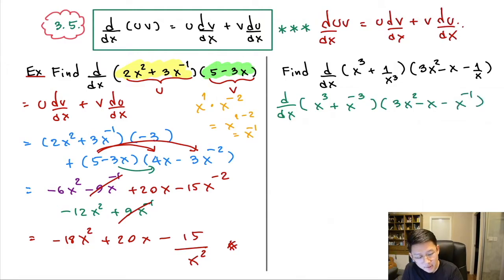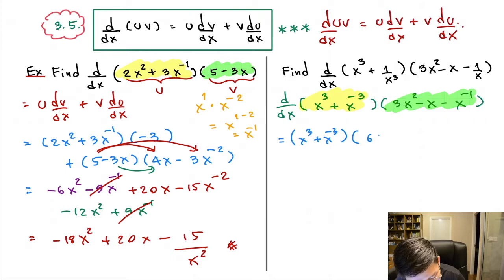And then I look at this as u, and this is v. So it's d of uv with respect to x, right? So what we have is u, which is this guy. dv is 6x minus 1.